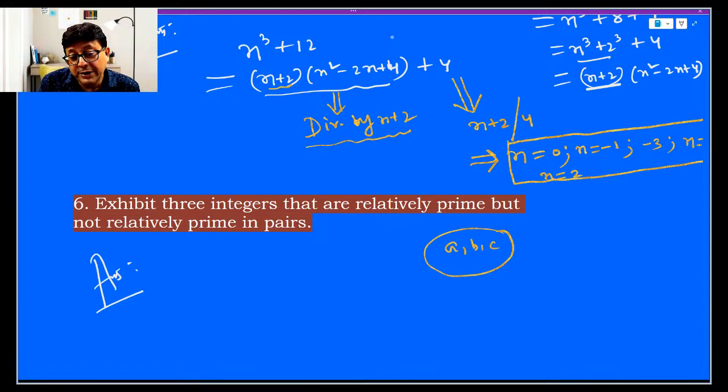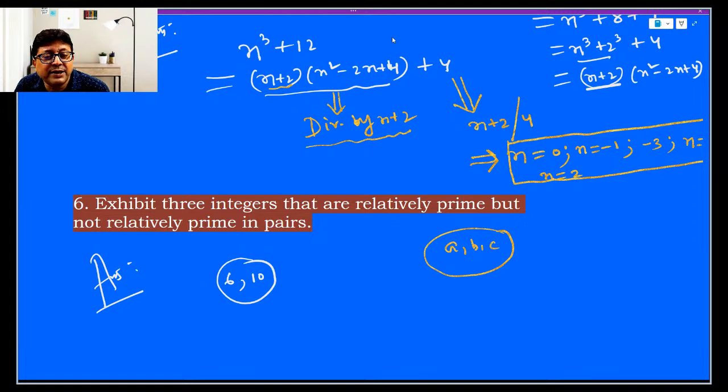I am helping you. Take two integers 6 and 10. What do you observe there? They are not co-prime. There is a common factor between them. What's the common factor over there? The common factor will be equal to 2, isn't it?